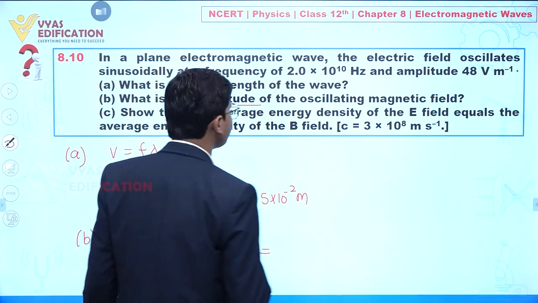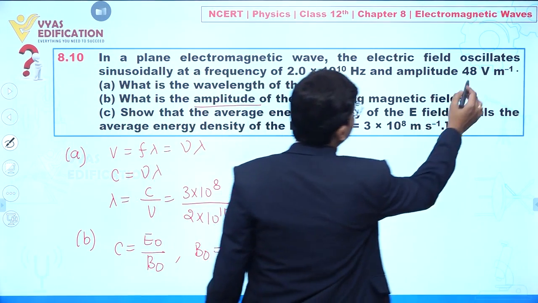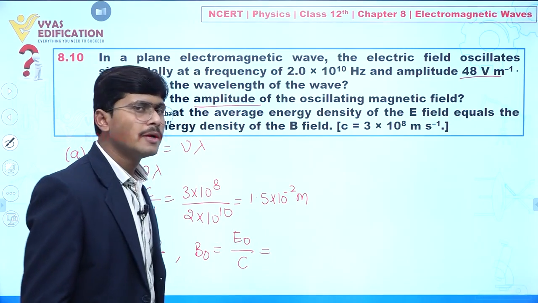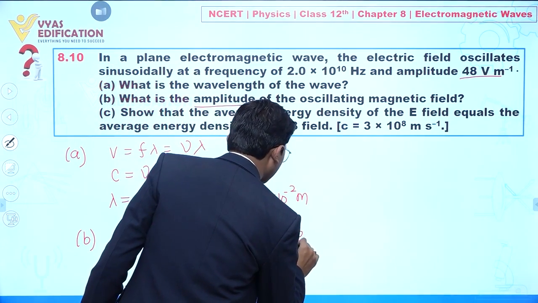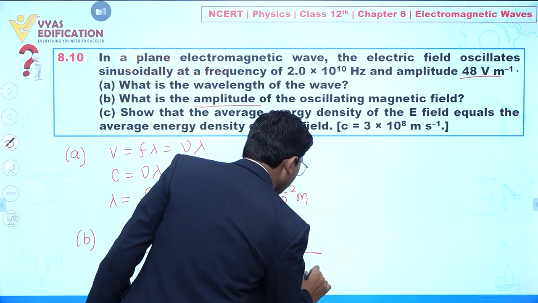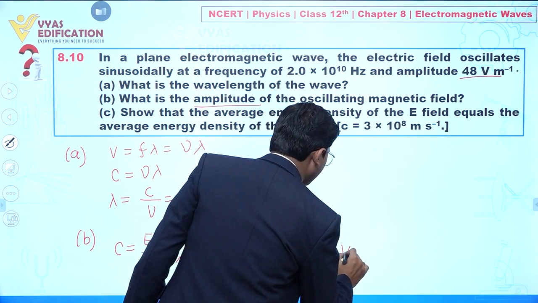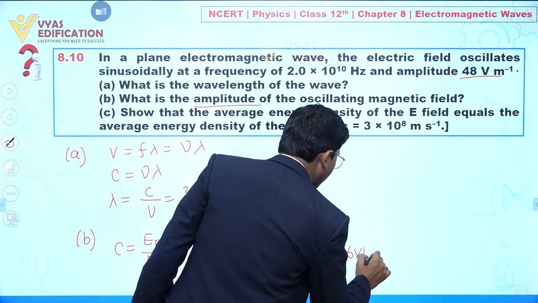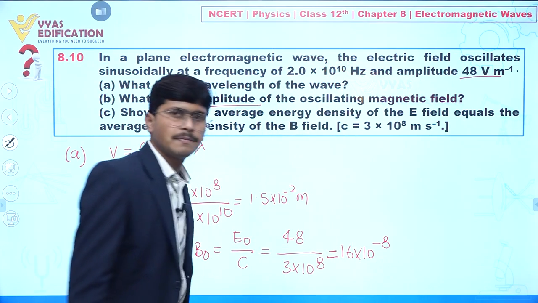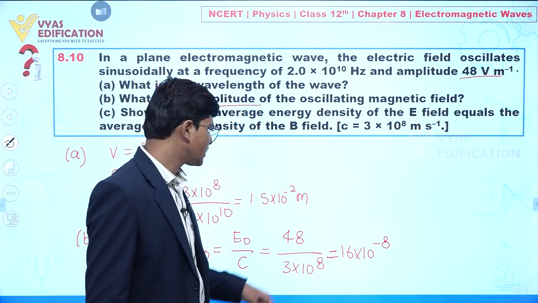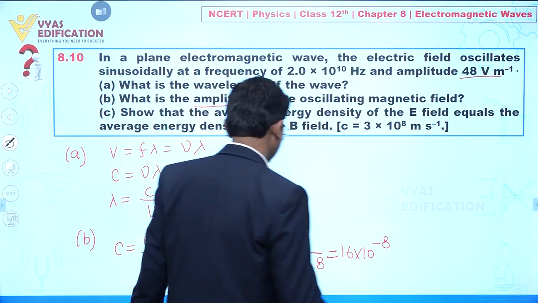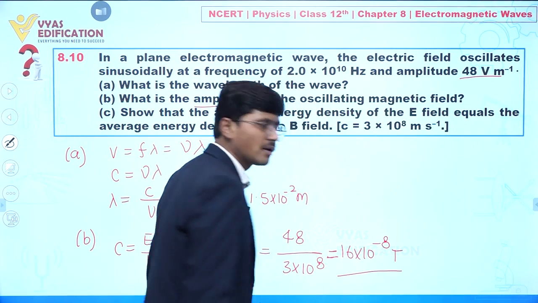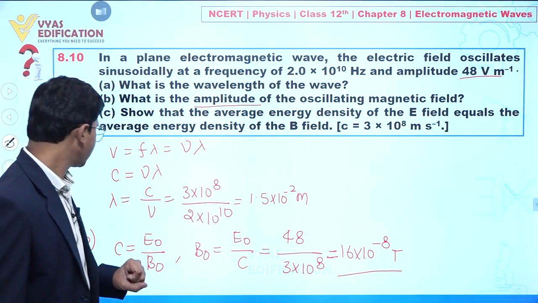E naught, the maximum value of electric field, is given as 48 volt per meter. So, this is 48 divided by 3 into 10 to the power 8. From here this is 16 multiplied by 10 to the power minus 8 Tesla. Clear? 16 into 10 to the power minus 8 Tesla.